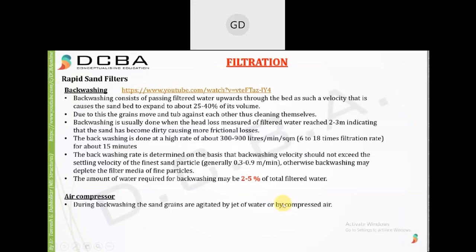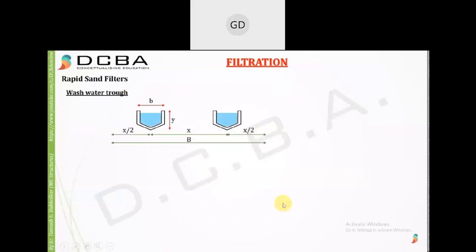So this backwashing water cannot clean it thoroughly. Sometimes it happens. So this air compressor is required so that those sand particles can get separated out first, and then the backwashing water can easily clean it. Due to this, the grains are separated and facilitate easy backwashing.